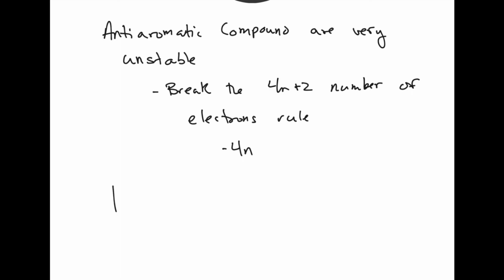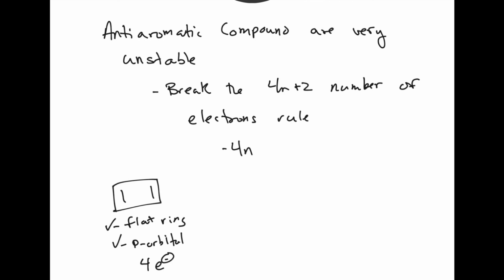So if you have this, you're like, okay, Wakefield told me it's a flat ring. He wouldn't lie to me for the most part. Everything has a p orbital. Everything's part of a double bond. And I only have a 4n number of electrons. They only have 4 electrons. This compound is anti-aromatic.